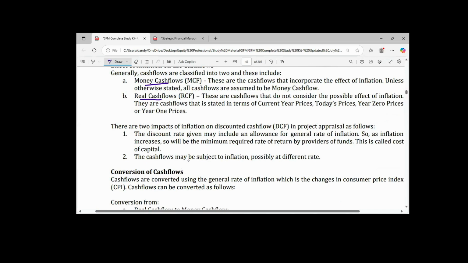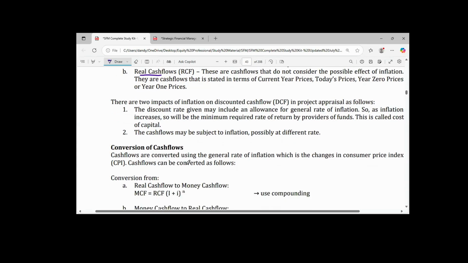Again, except the examiner says otherwise, the cost of capital given to you represents money cost of capital. The real cost of capital is a cost of capital that does not include the possible effect of inflation. It is stated in real terms.